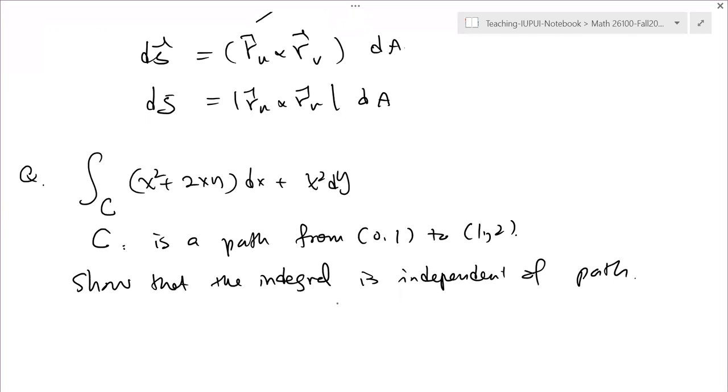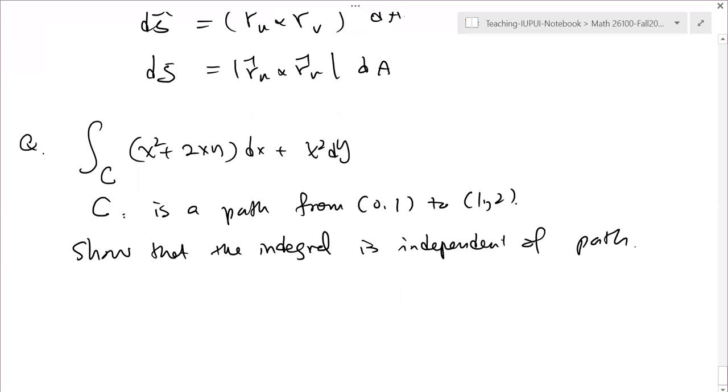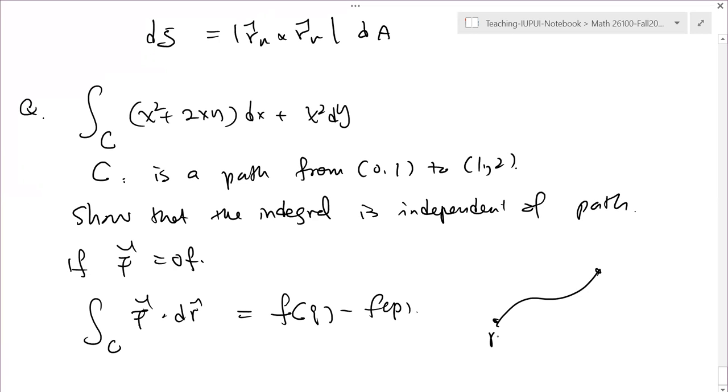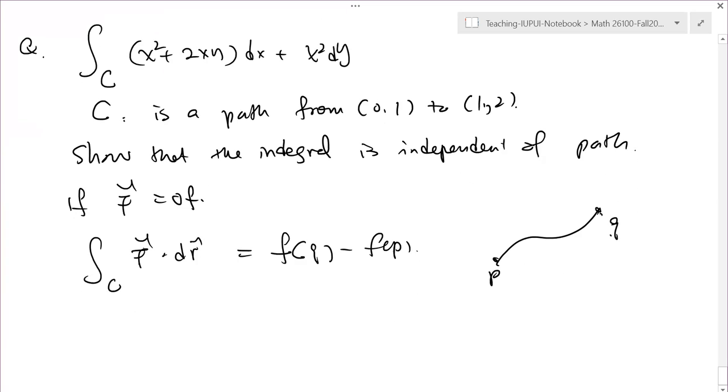You just need to find a function. Okay. Yeah, we know that if F equals gradient of f, right? So then for any curve from P to Q, this is going to be f(Q) minus f(P), okay. So then it's independent of paths.